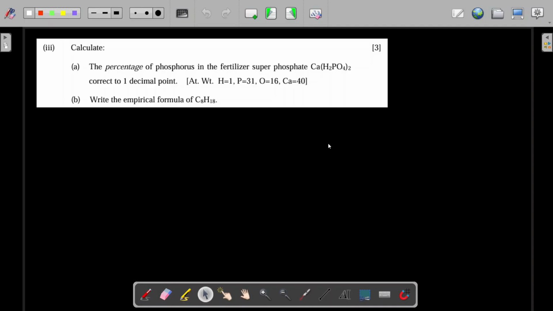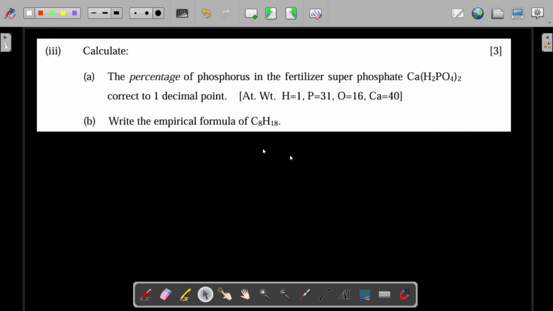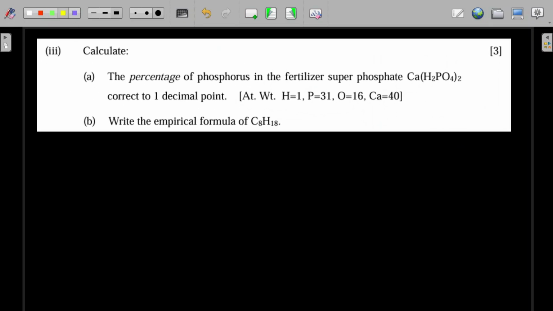Now percentage. One question I have included here to find the percentage, just to refresh that part. Percentage composition, how to find it? This is from last year. The percentage of phosphorus in the fertilizer superphosphate, they have given the formula also, correct to 1 decimal point.